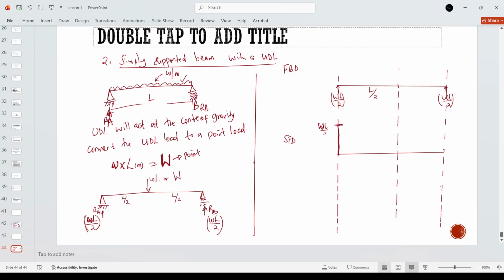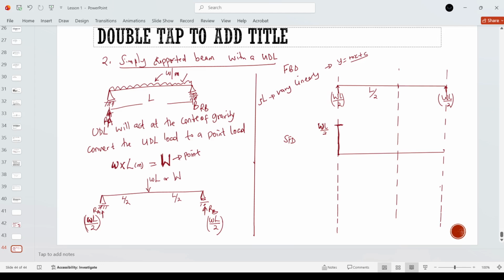Because it is a UDL, then the shear force is going to vary linearly. What do we mean by linearly? It's going to be governed by y is equals to mx plus c.